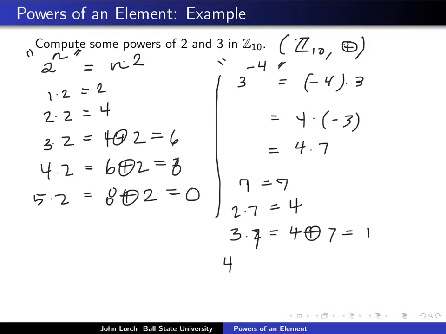And then finally 4 times 7 is 3 times 7, which is just 1, plus 7, which would be 8. So 3 to the minus 4th in this particular setting is going to be 8.